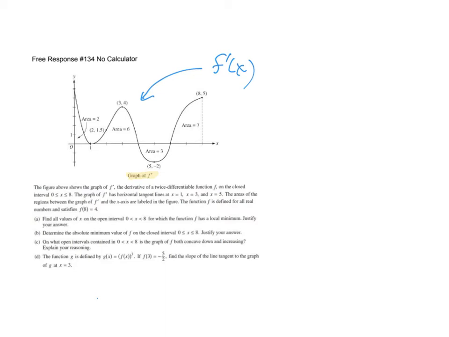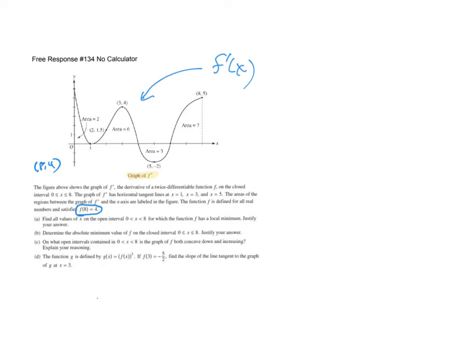If we're ever asked about the function f, that is not shown in the graph, right? The only thing we know for sure about f right now is that f of 8 is 4. So the point (8, 4) is on the function f. And that is not shown here anywhere because this isn't the graph of f. This is the graph of f prime.